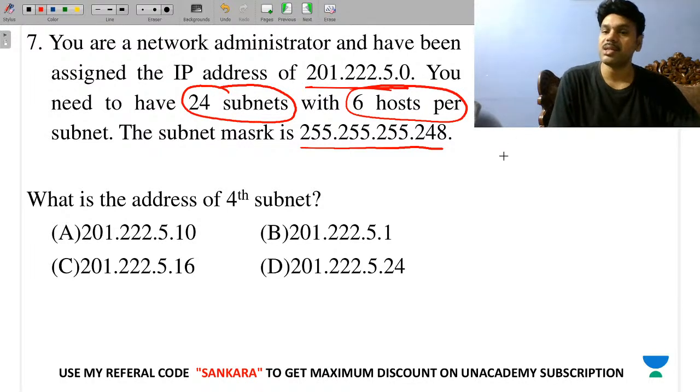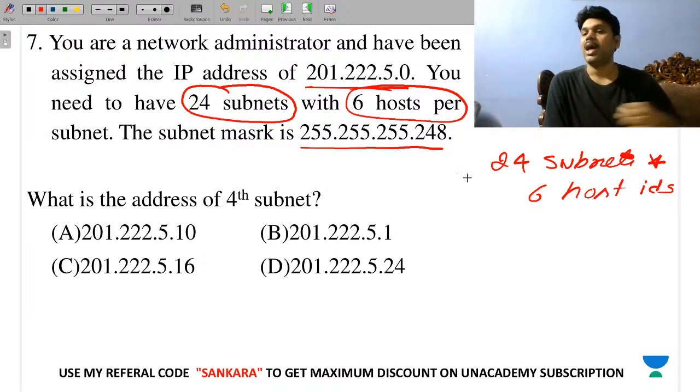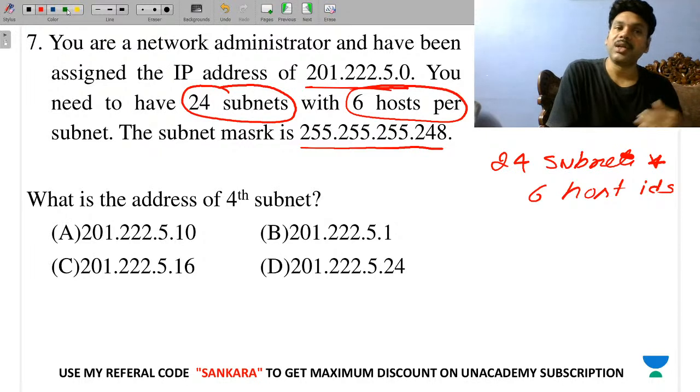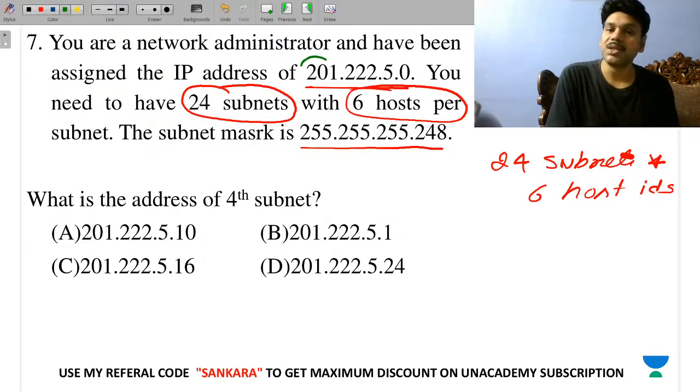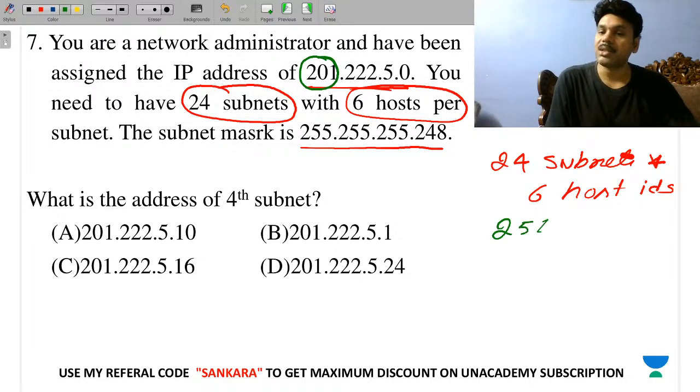So 2 conditions. 24 subnets we want, and each is supposed to give you 6 host IDs. And 201, when you are talking about 201, this is your class C. Please understand.